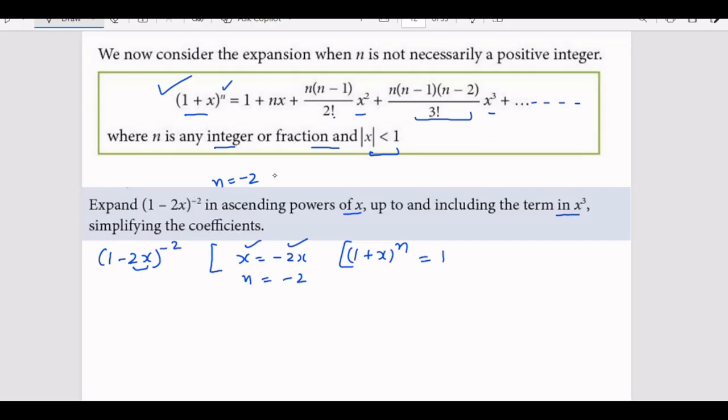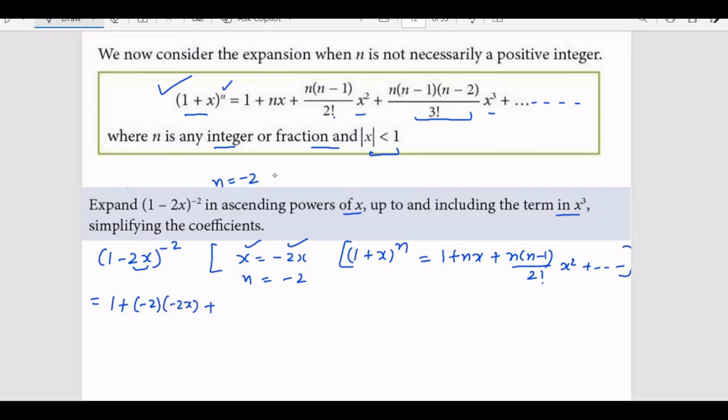So this expansion is 1 plus nx plus n into n minus 1 over 2 factorial x squared and so on, right? So we will expand this like 1 plus n, where n is negative 2, times x, which is negative 2x.